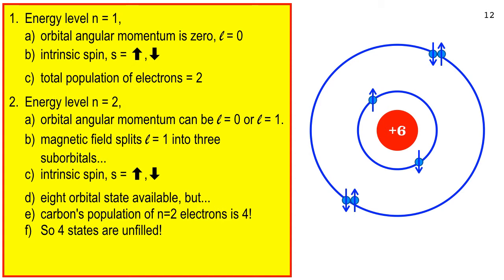So those ones are called the valence electrons. There's 4 of them. Valence means to move. Those are the ones that will move and create bonds with other atoms, like oxygen in carbon dioxide. So, valence electrons.